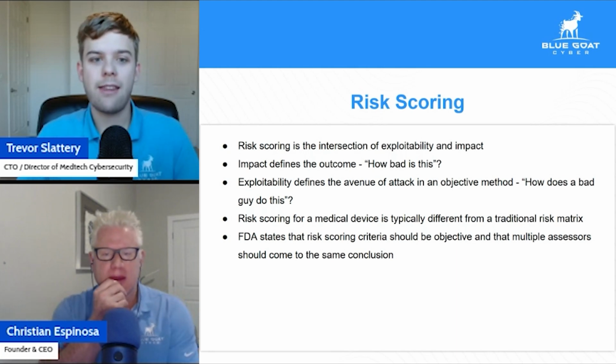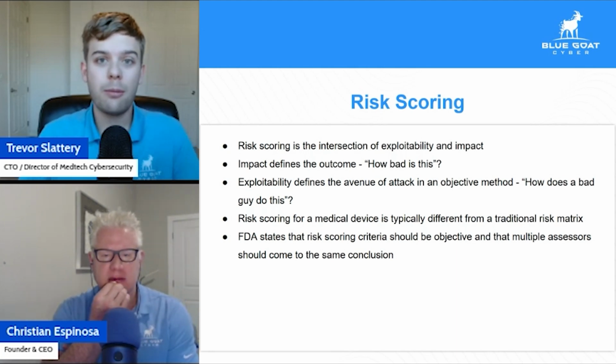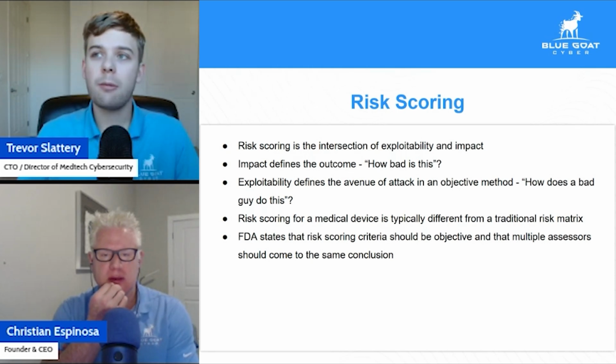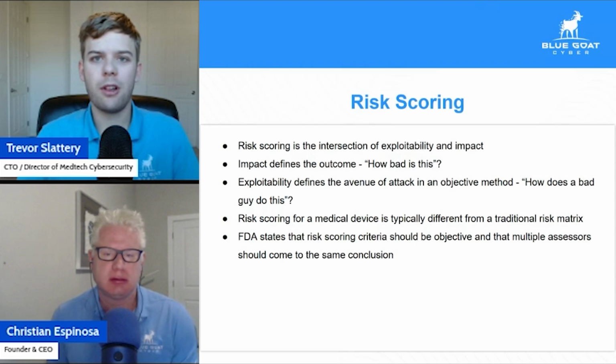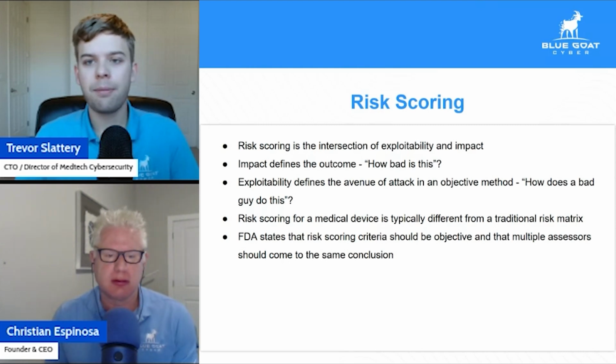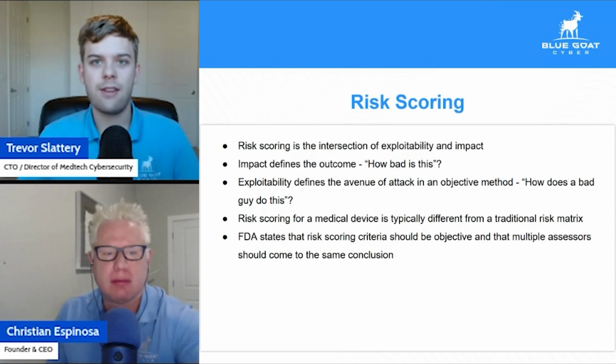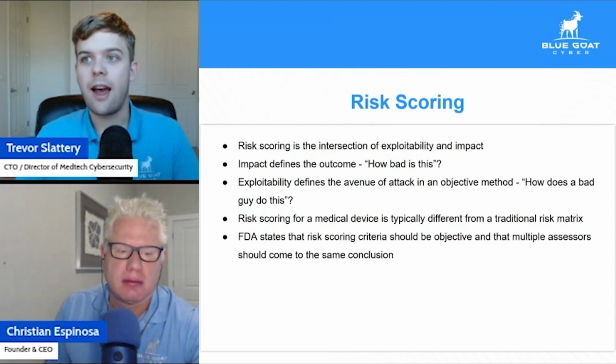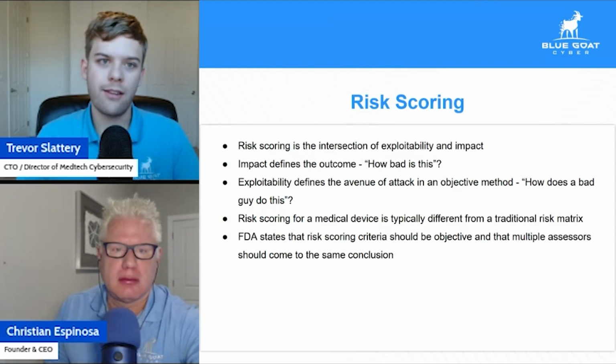It's an objective method, and it's important to think of exploitability, not a term like likelihood or probability. Probability is very common with a lot of risk assessments, especially in more traditional cybersecurity. That's saying we believe there is a 1 in 10,000 chance of this attack getting realized. A different security researcher might say, I think it's a 1 in 100,000 chance.